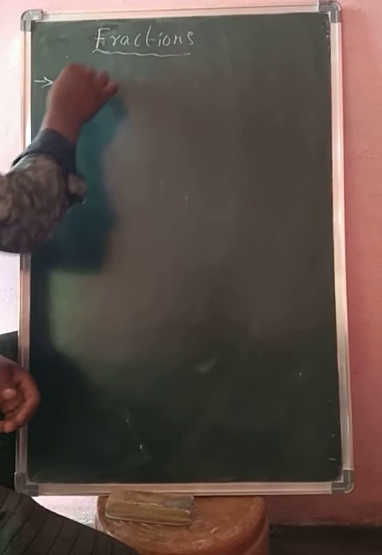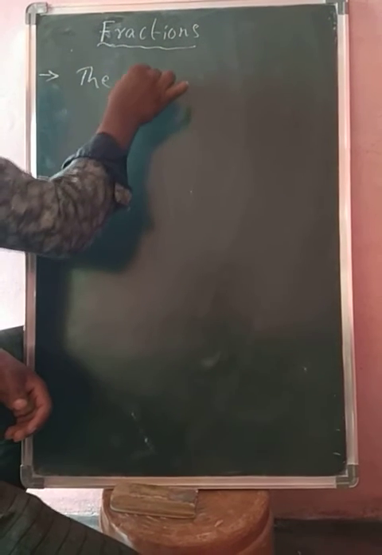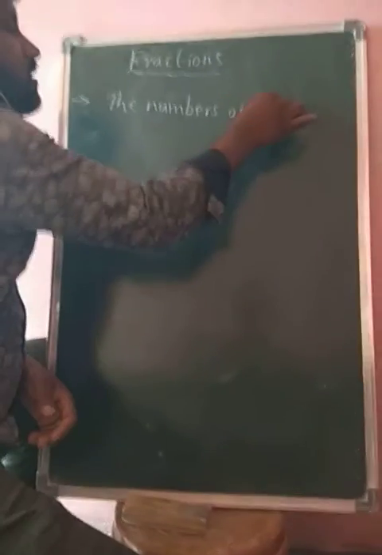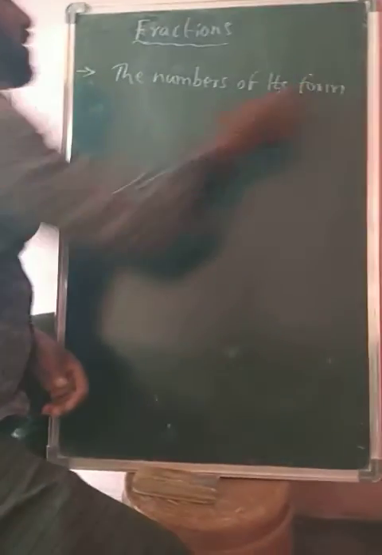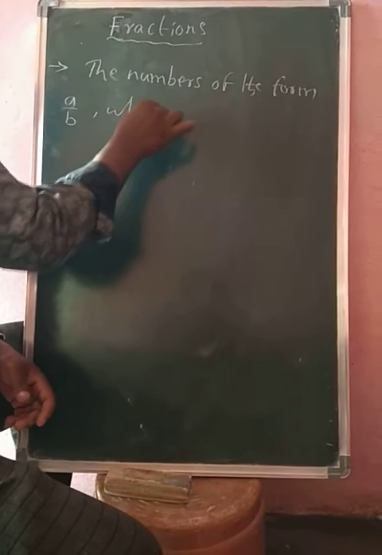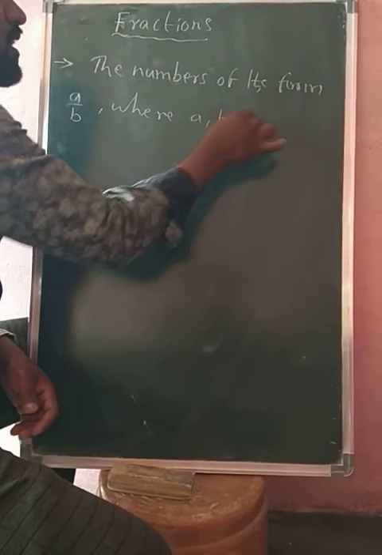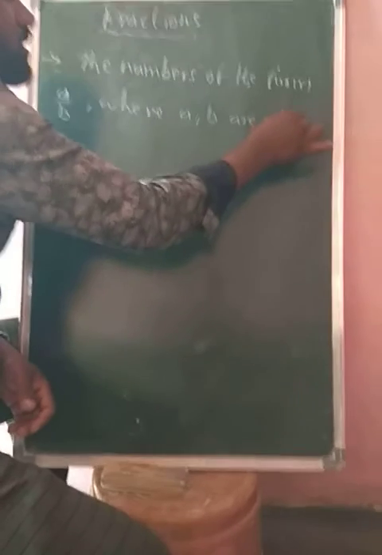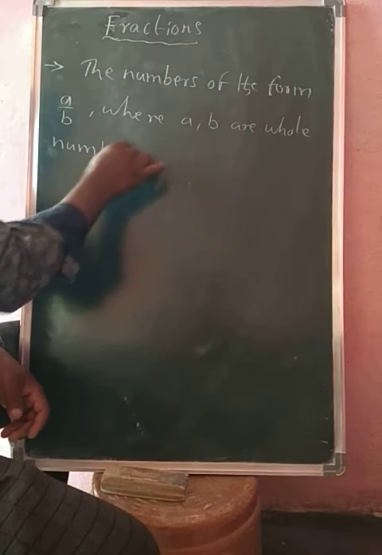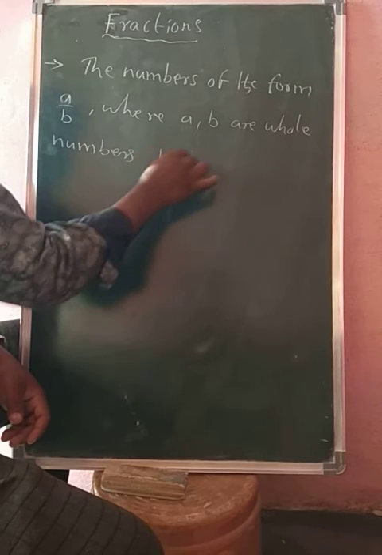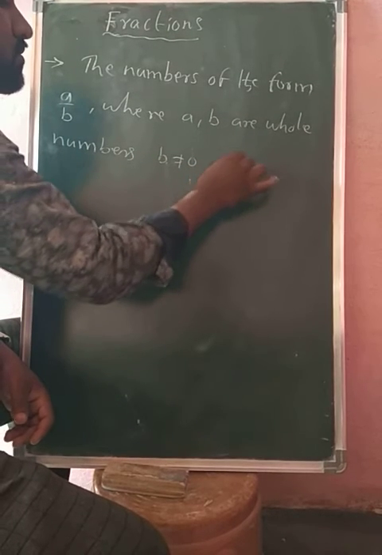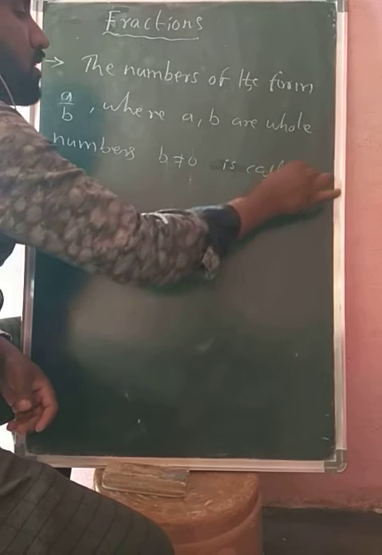The numbers of the form a by b, where a, b are whole numbers and b not equals to 0, is called a fraction.